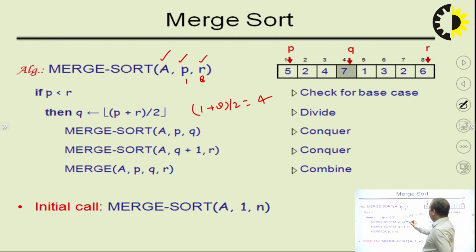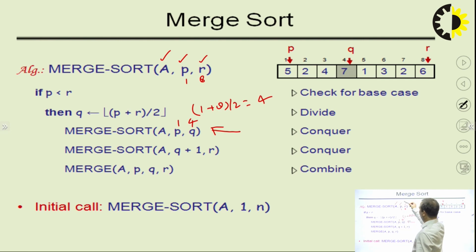Now when we find the mid element, Q equal to P plus R divided by 2 means 4. Then again we call this same function merge sort. Meaning this function is calling itself. So this line will execute A, P, Q. P will remain 1. What is R now? R becomes Q, and Q is 4. So merge sort A, 1, 4 is the function call.